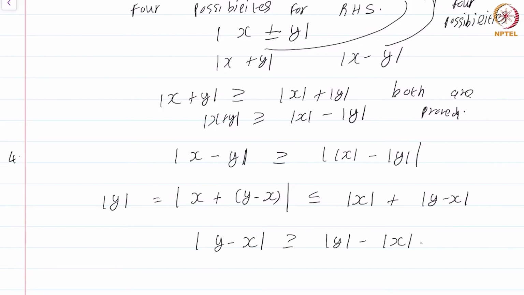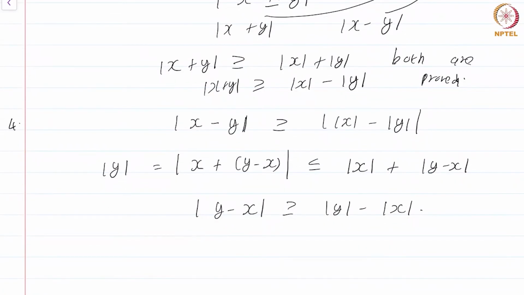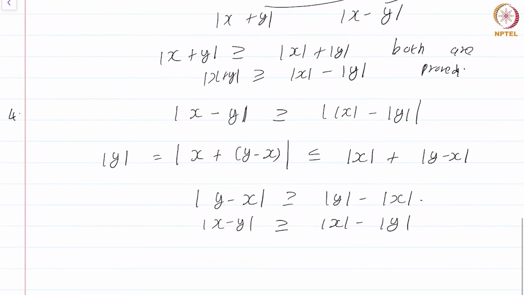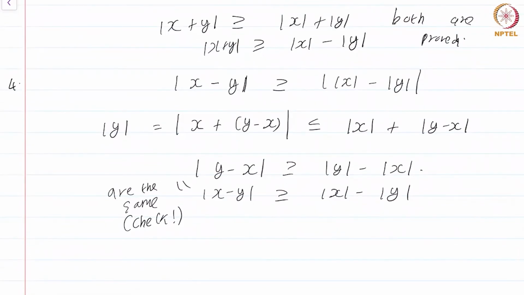Okay. So we also get, by the same argument, that mod x minus y is greater than or equal to mod x minus mod y. But mod y minus x and mod x minus y are the same. Again, check. All things that are trivial, which can be checked in a line or two, I am leaving to you. So putting these two together, we get mod x minus y is greater than or equal to the modulus of mod x minus mod y.